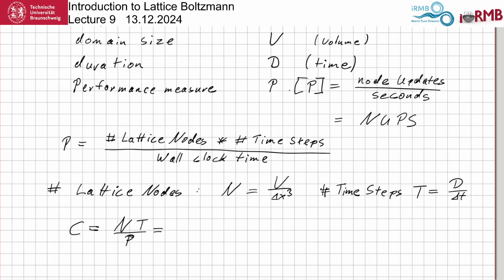And this can then be expressed in what we have above here: the volume times the duration divided by the performance, delta x to the cube, and delta t. What we immediately see by looking at this is that delta x has a larger impact than delta t.